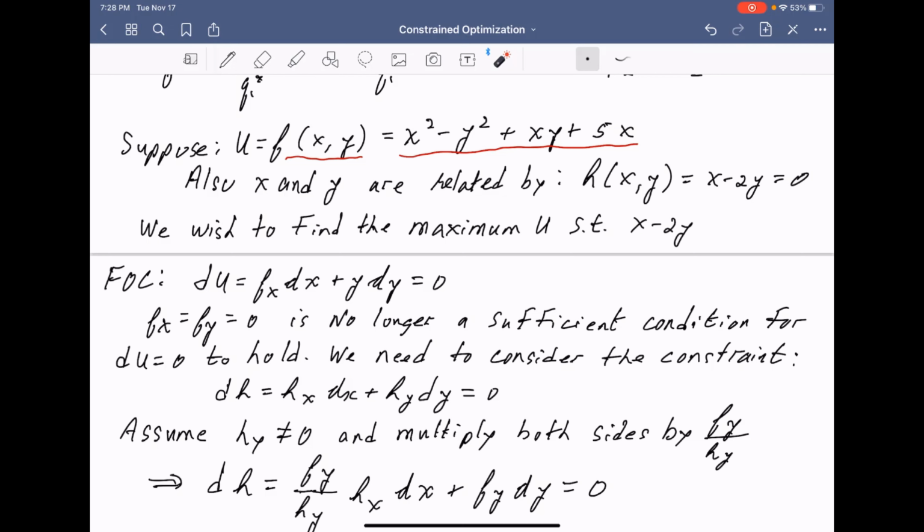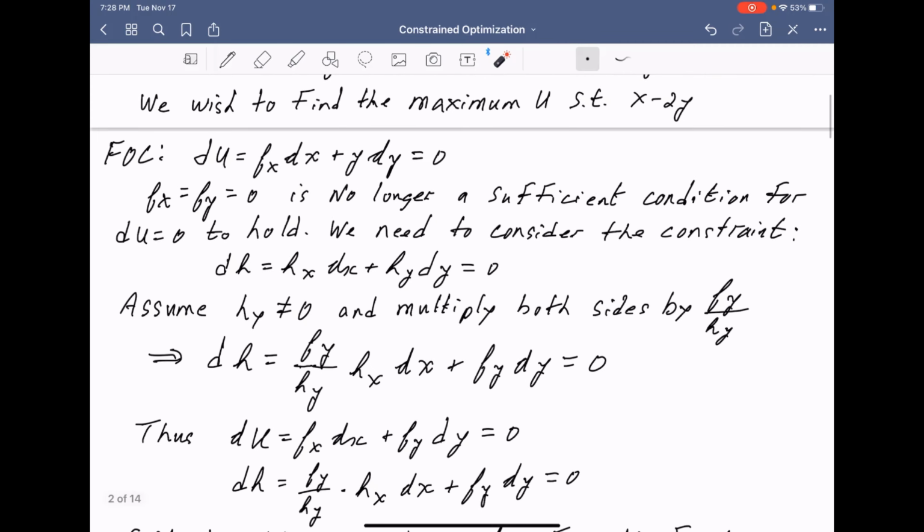But now, because of this constraint, it's no longer a sufficient condition for du to equal 0. Previously we'd seen that f sub x equal to f sub y equal to 0 was sufficient to make du equal to 0, but that's no longer true. We need to consider the constraint itself.